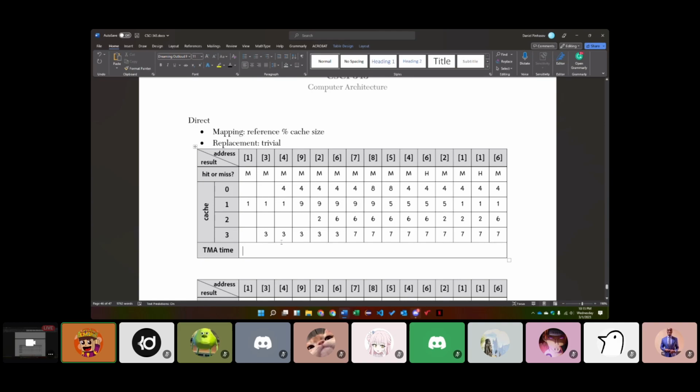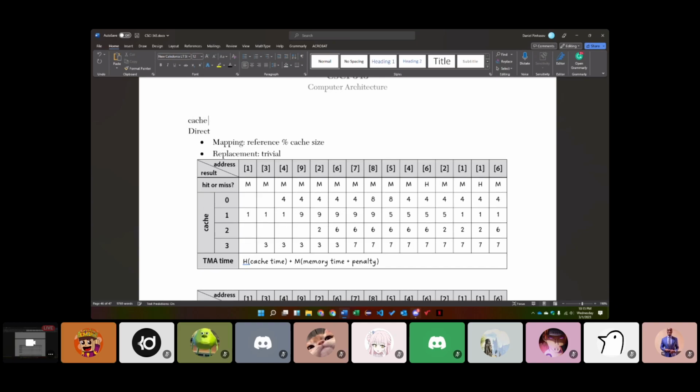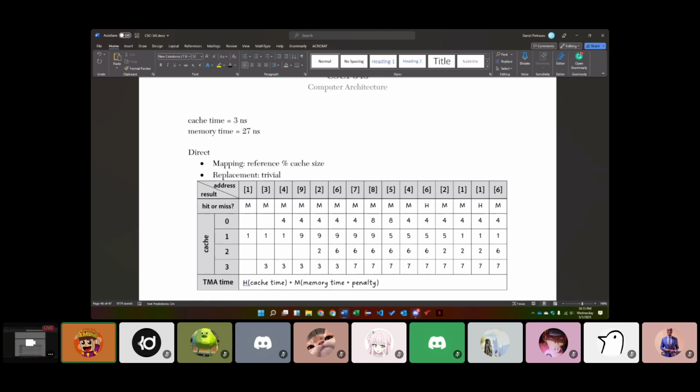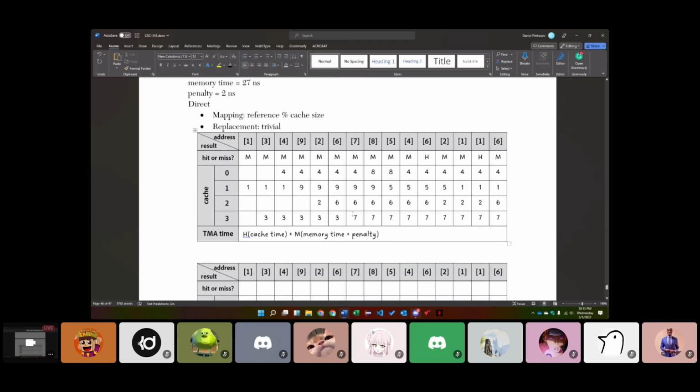Alright, our memory time is always hits times cache time plus misses times memory time plus penalty. So if he's gonna give us, like, cache time 3, memory time 27, and then penalty is like 2, then the number of hits is we had only 2 hits.